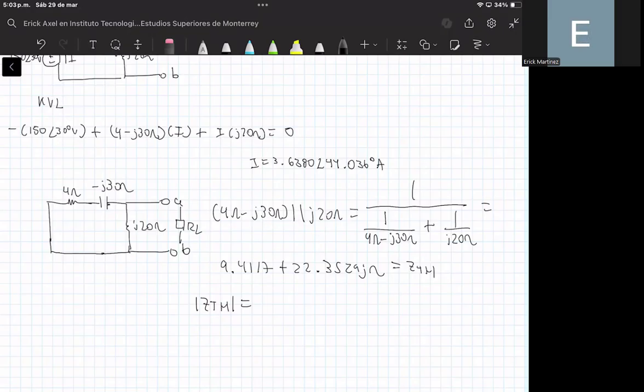So you can compute the magnitude of this value, and you will notice that this is equal to 24.2535 ohms, and this is equal to the resistor RL.